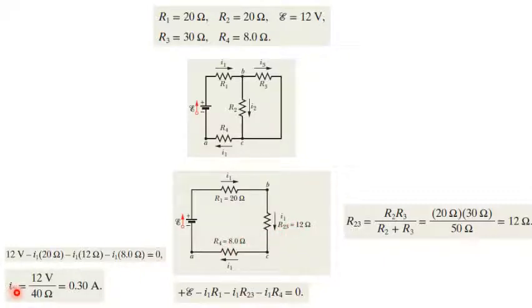So I1 would be 12 volts over 40 ohms, which is 0.3 amperes. And actually, this I1 is the current that passes through the battery, which is the required current. So the required or the unknown current I1 is 0.3 ampere.